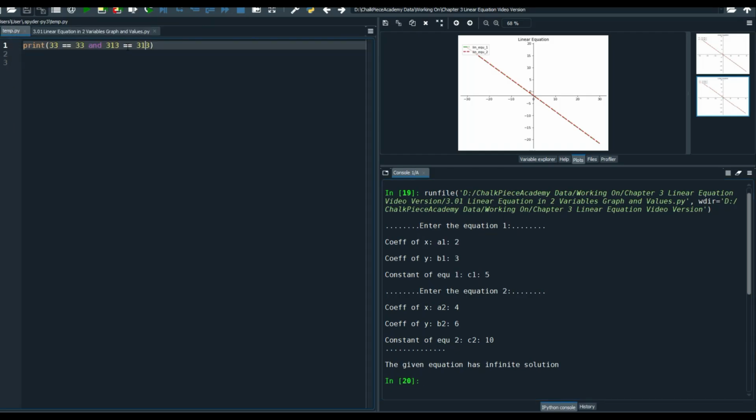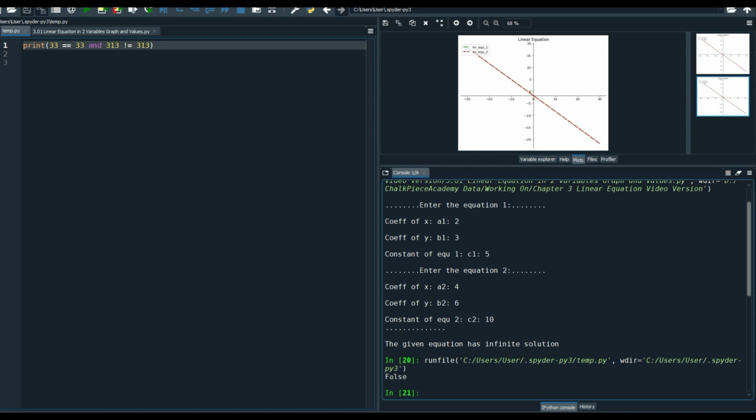So let's have a look at that. Here 3/3 being equal to 3/3 gives us true. 3/13 is not equal to 3/13. Obviously, it is equal. So basically, the first part will give you true, and the second part will give you not true. So overall, the result is false.